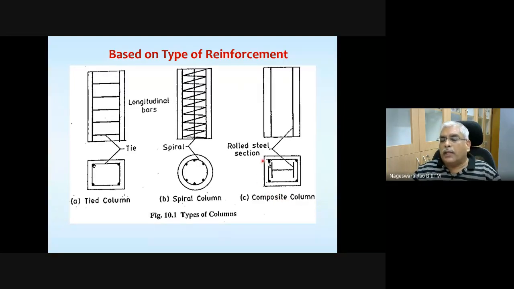A composite column is a column in which the size can be reduced by including a steel section like this, an I section. You can see here the I section is placed, around which you have these ties and also longitudinal reinforcement and concrete. The rest of the portion is concrete. So you can have a composite column or any of these kinds of things. So columns can be classified based on the type of reinforcement in this manner. Anyway, as a part of this course, maybe we will be studying the first one and also the second one.